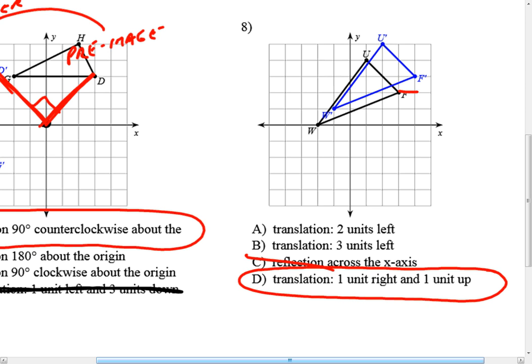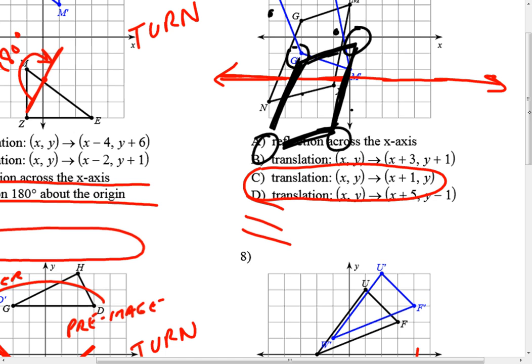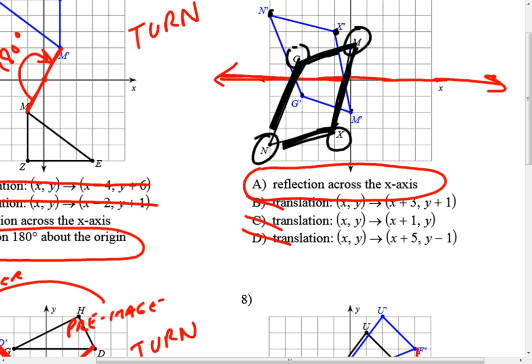F moves over 1, up 1. Over 1, up 1. What's the word for translation? Slide. Slide. What's the rule? What's the word for a rotation? Turn. And flip. Flip.